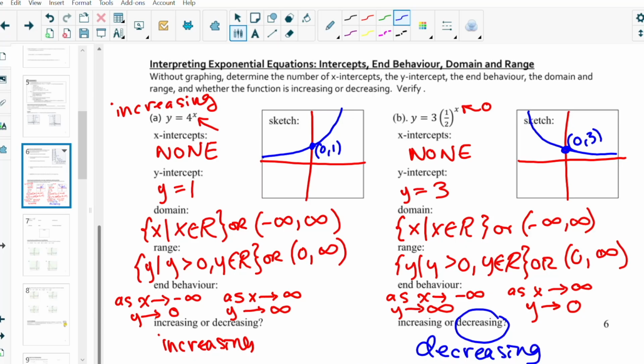What this illustrates is the skill that you have to build to be able to interpret equations, functions, without sketching them. The tendency or the temptation is to grab your graphing calculator, graph it so you can see it, then answer all these questions. Well, that's too easy, right?